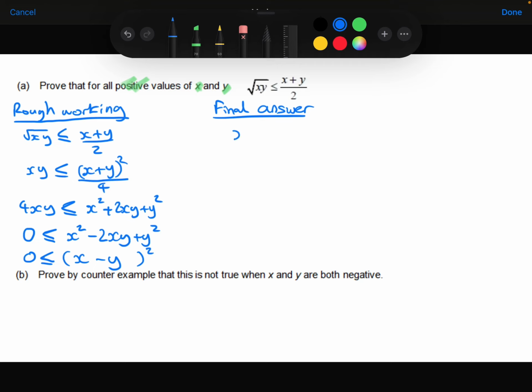I know that (x minus y) all squared is greater than or equal to 0. So if I expand the brackets, I'm then going to add 4xy to both sides.